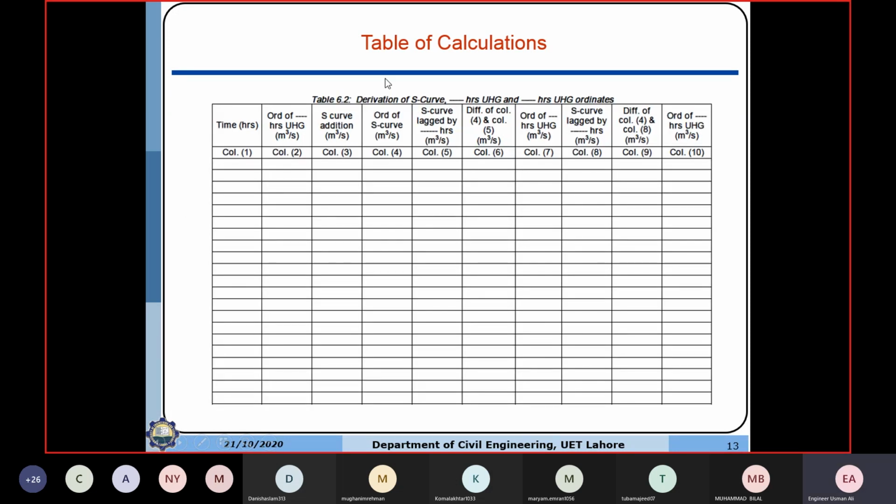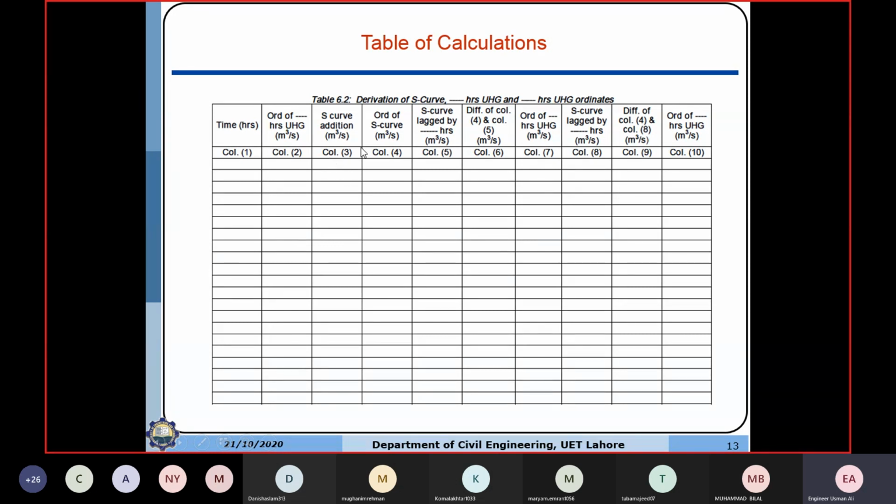Another way to derive the S curve is the S curve addition method. The first 2 columns are the same: time is given, and ordinates of the 4 hour unit hydrograph are given, so you write 4 hour over here. This is the given data, columns 1 and 2. Column 3 is S curve addition, which I have already explained to you.